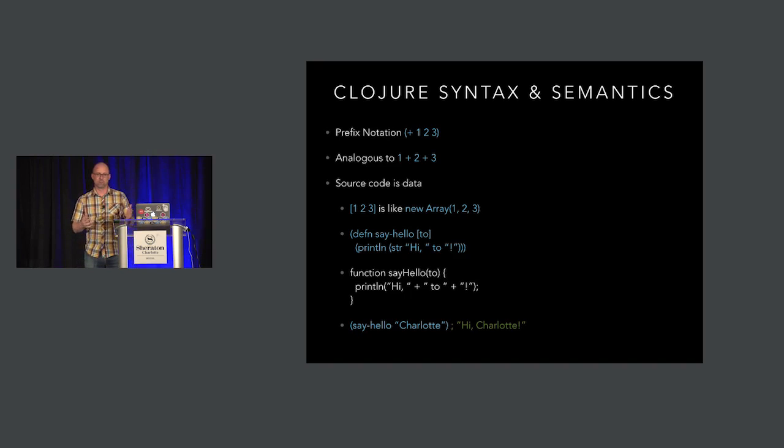You define them, they look a little different, right? We have def in there, and then say hello, and then you have some arguments in square brackets. Then you have the body of your function. That function is exactly the same as the JavaScript function beneath. The two work exactly the same way. And you can call any function, just like we saw up at the top with plus 1, 2, 3. You can open your parentheses, put a function name, put its arguments, and you've called it. Easy peasy.